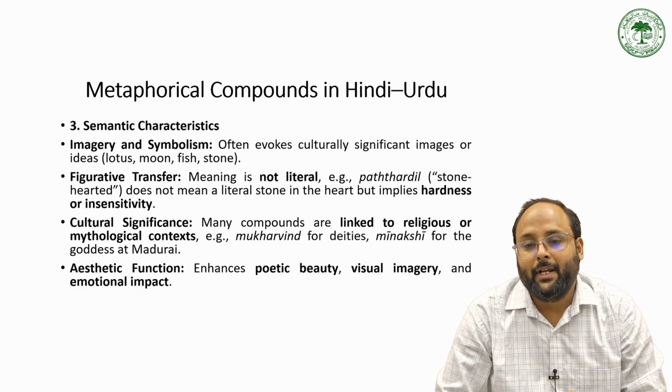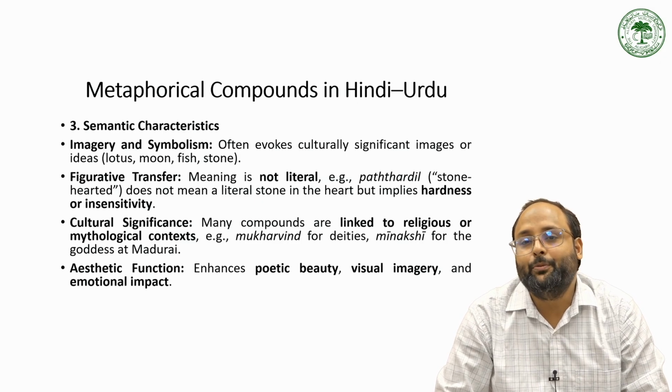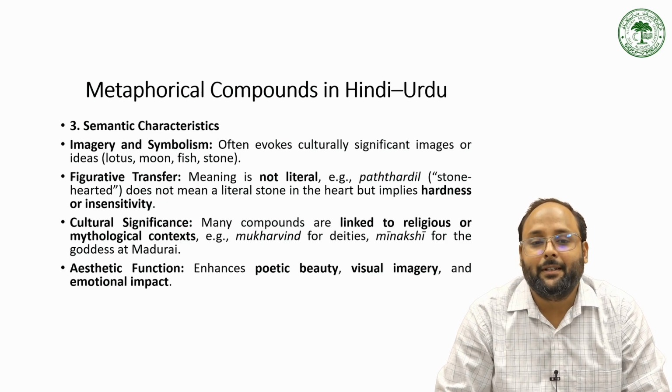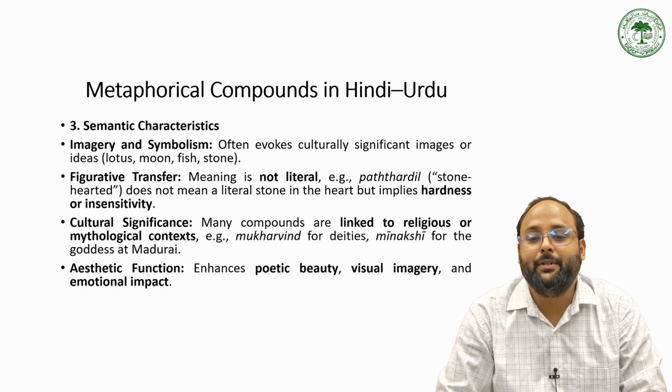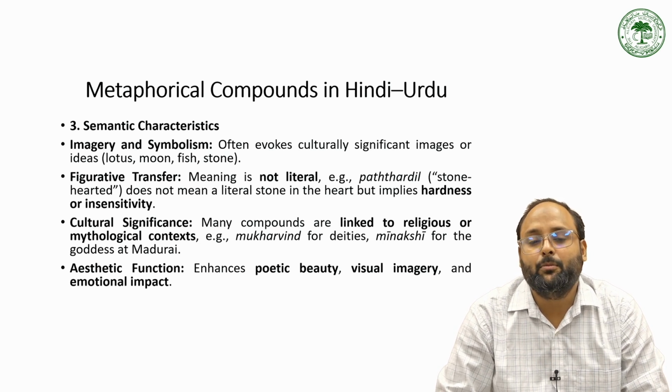So for example, in our culture, for beauty we use the moon, we use the lotus, we use the rose, some flower, but in other cultures there might be some other metaphor for beauty. So it is very culturally significant, and they have some aesthetic function. Aesthetic function means some poetic beauty, some visual imagery, and some emotional impact.